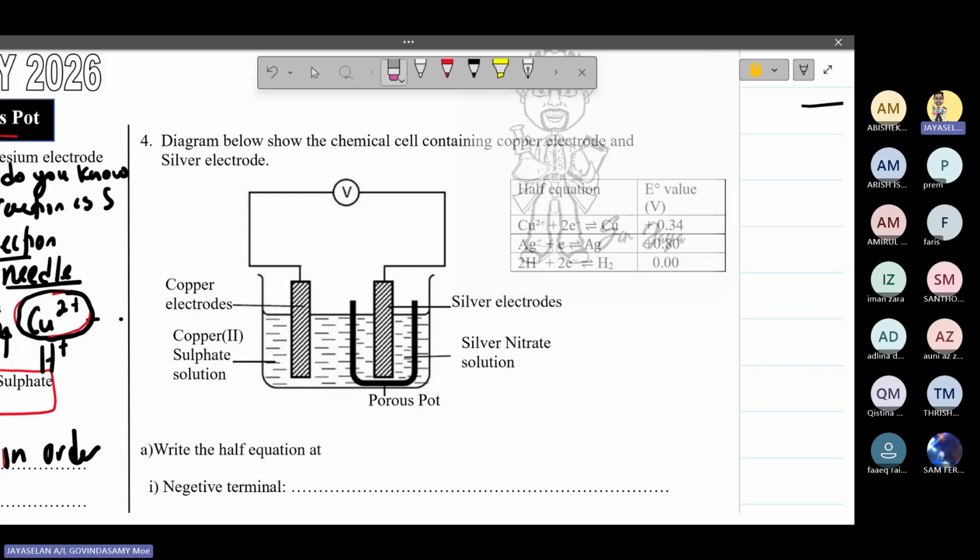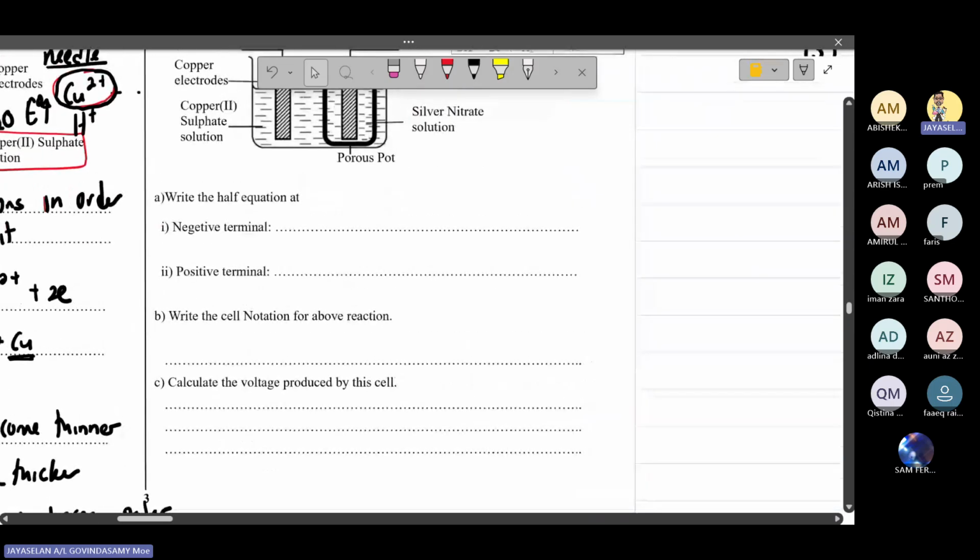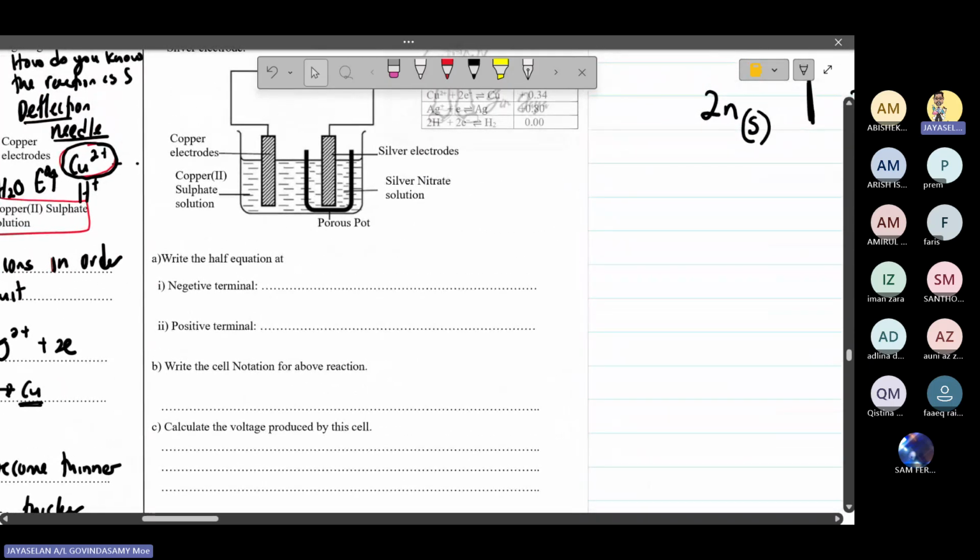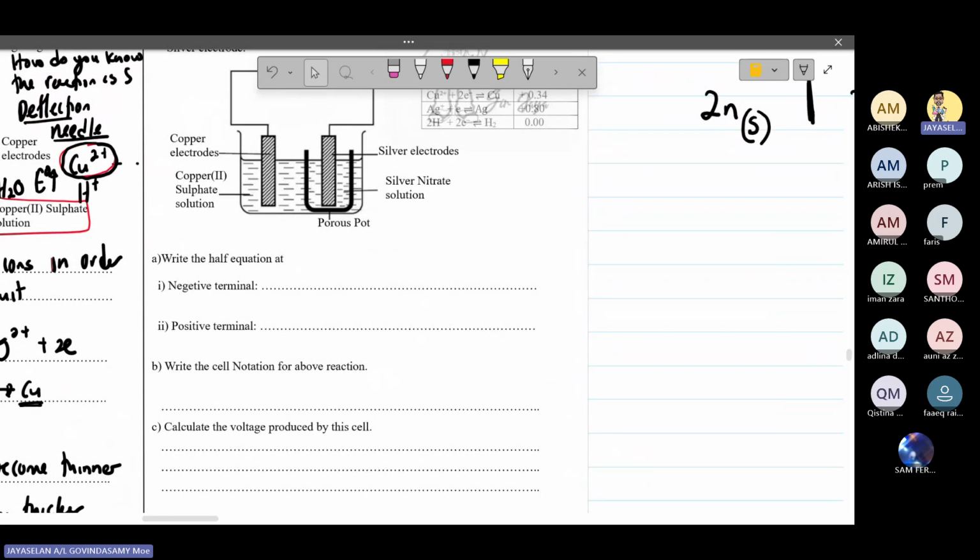Kalau dah siap, boleh angkat tangan lah. Nikhil, you understand ah?